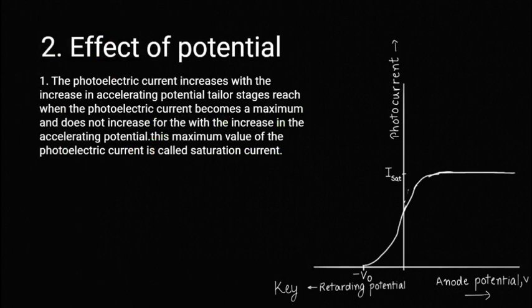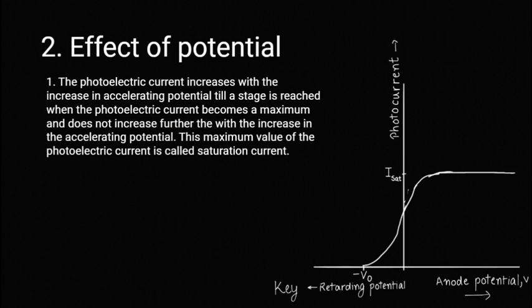The photoelectric current increases with the increase in the accelerating potential till a stage is reached when the photoelectric current becomes maximum and does not increase further with the increase in the accelerating potential.